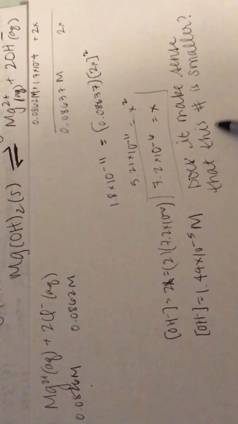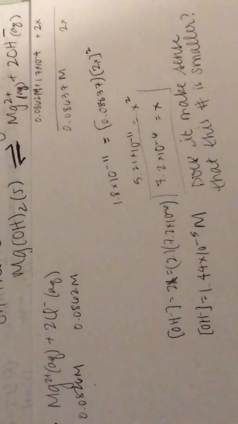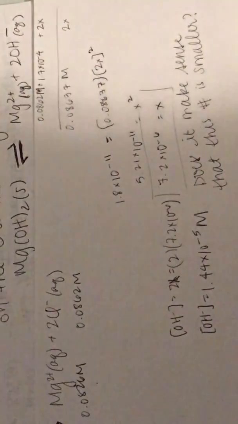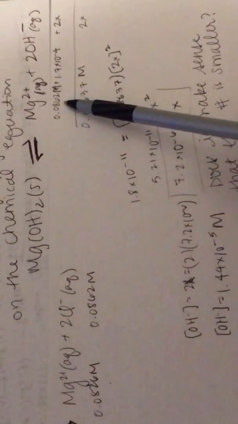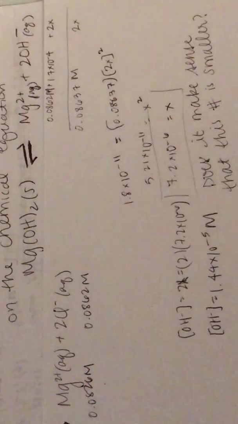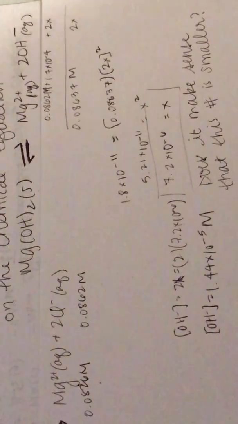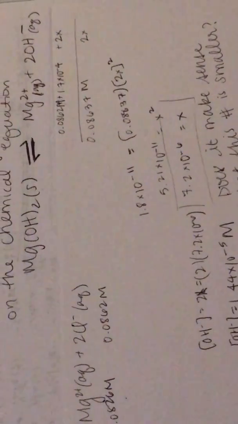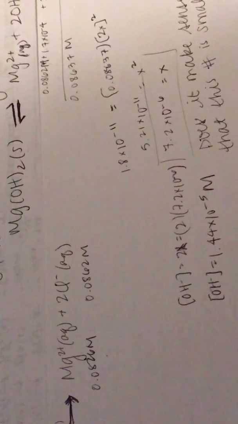So the question is, does it make sense that the number is smaller when I start with some amount of magnesium chloride or magnesium 2+ in solution, right? Because originally I had an OH concentration of 3.4 times 10 to the negative 4, and now I have a concentration of 1.4 times 10 to the negative 5.